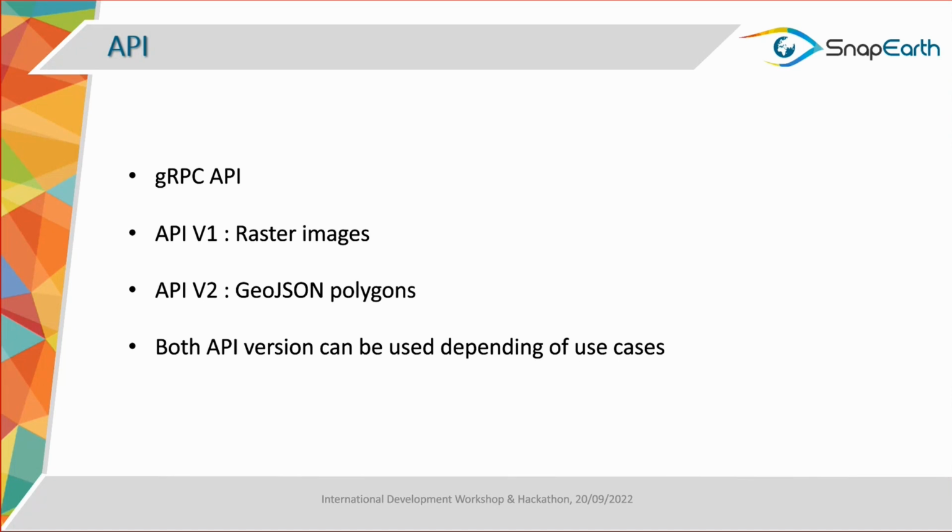V2 is lighter. It uses GeoJSON polygons, and it takes less time to get the data. But V1 is still simpler to use, even if it is a little bit longer to request the data, and V2 needs you to implement your own client to collect the data, even if it is fast.